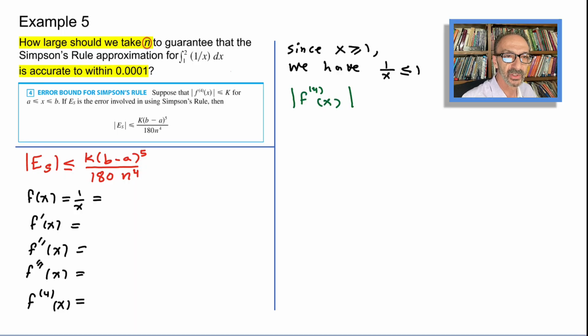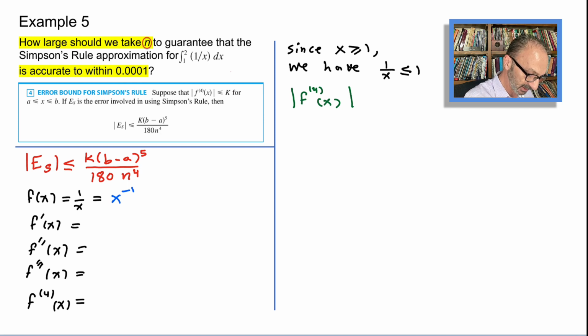Example number 5. How large should we take n to guarantee that the Simpson's rule approximation for the integral from 1 to 2 of 1 over x dx is accurate to within 0.0001? I do have the formula written down below in red, so let's get started. F of x equals 1 over x, that means it's x to the power negative 1, as a power rule, x to the power n, so I can apply it quickly.